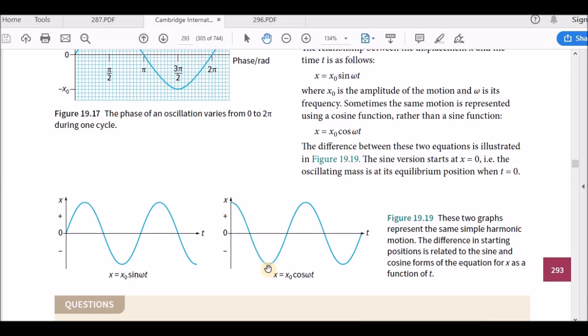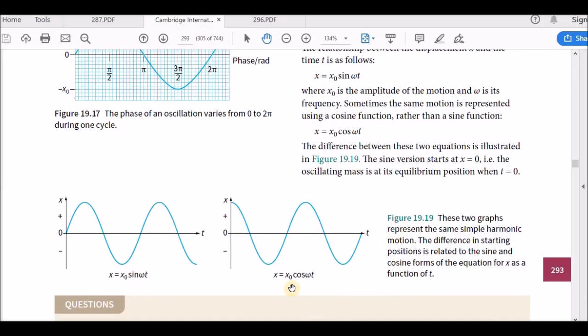Then it reverses direction and starts moving to the right. It reaches the equilibrium position, still moves to the right, and reaches the extreme right end. The process continues.